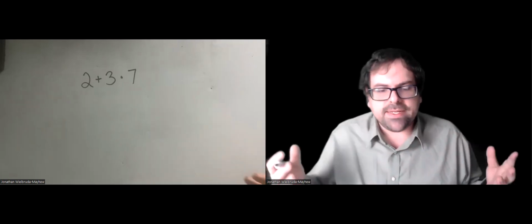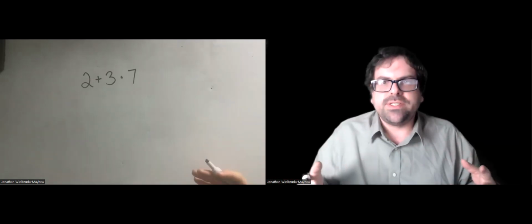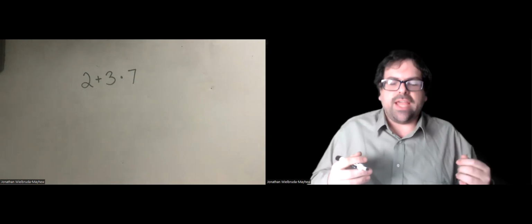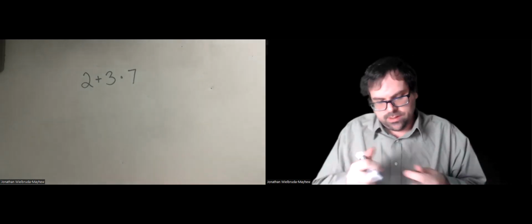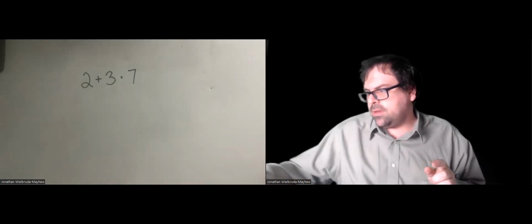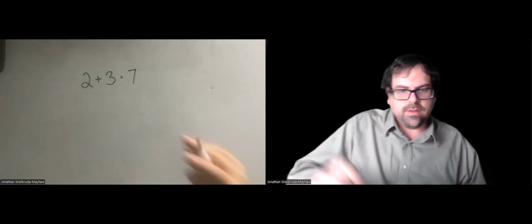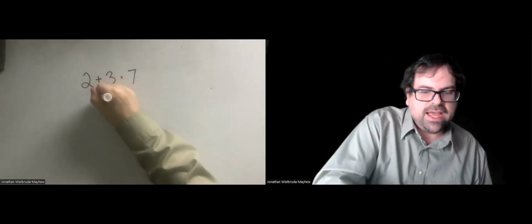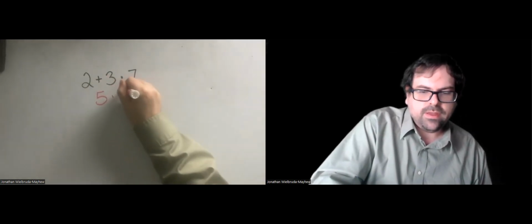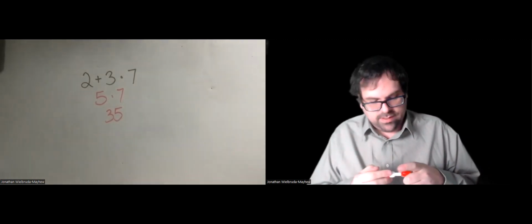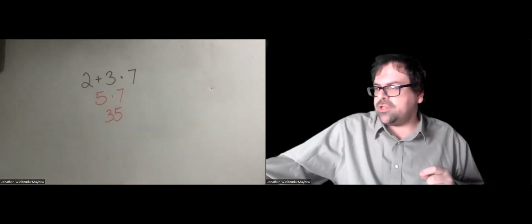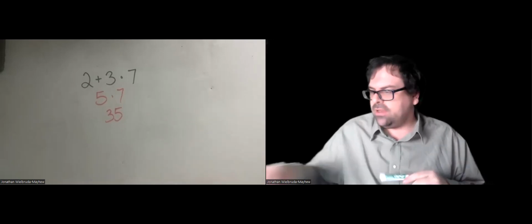Well, the answer you get depends on what you do first. If we go from left to right, 2 plus 3 is 5. 5 times 7 is 35. I put that in red. That should be a red flag.